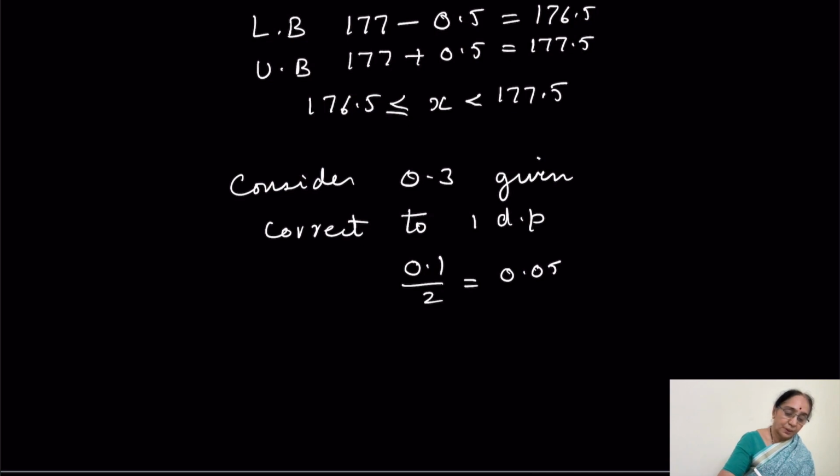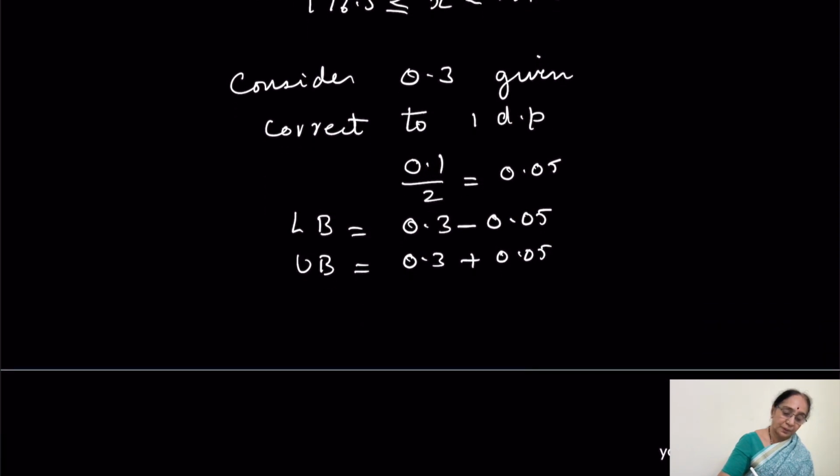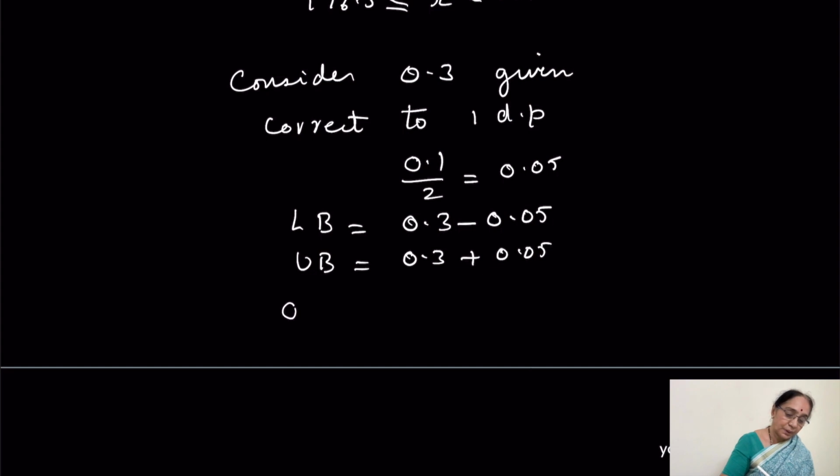That will be 0.05. So your lower bound will be 0.3 minus 0.05. Upper bound will be 0.3 add 0.05. So your 0.3, whatever that signifies, will lie between 0.25 less than or equal to x less than 0.35.